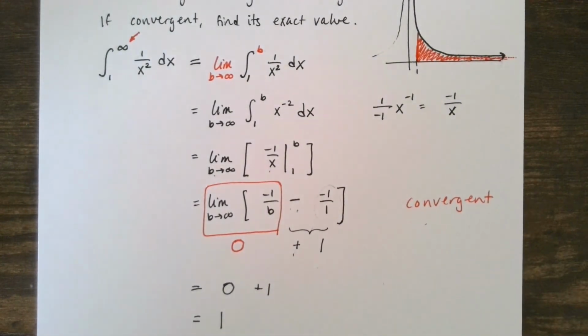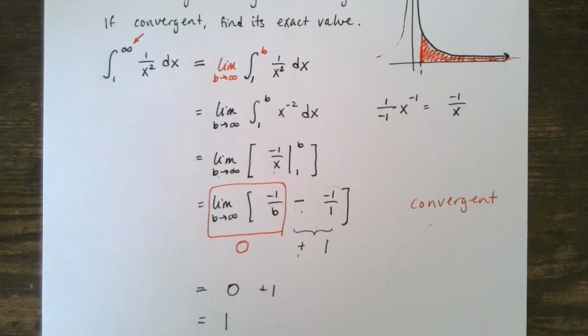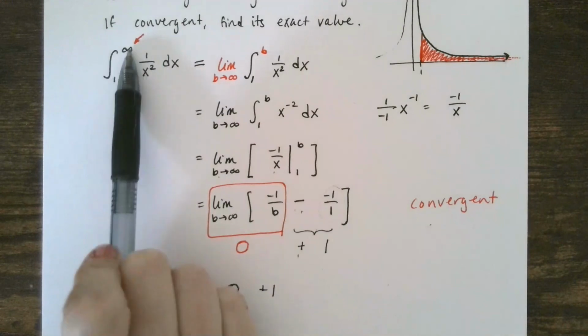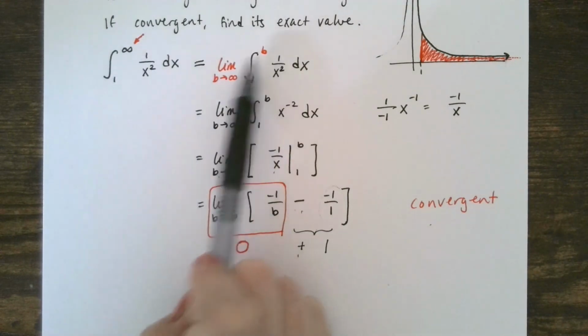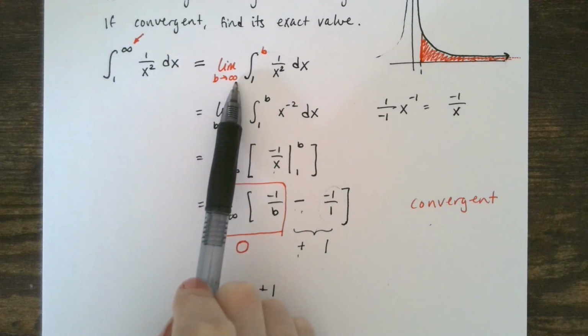So every improper integral, even of this type where one of the bounds is infinity, they all have the same steps, but they'll kind of go different ways depending on what your function is, what the range is. But generally what stays the same for an improper integral is you want to identify which of your bounds is the issue, in this case it's the infinity, put a letter in that spot, limit the letter to the infinity.